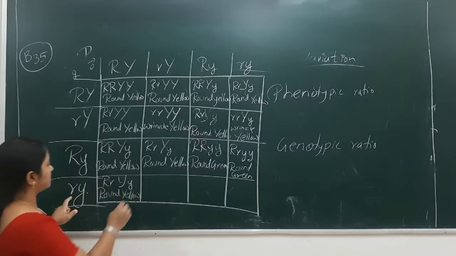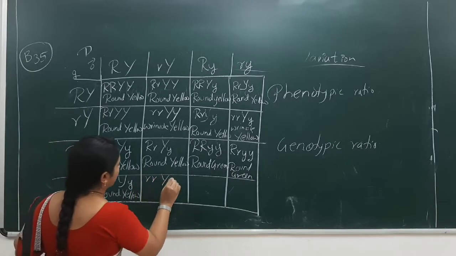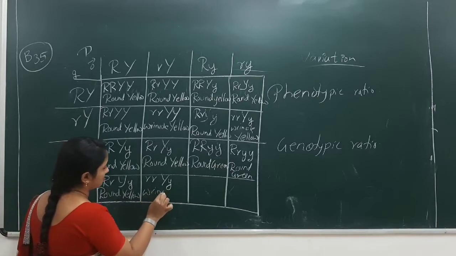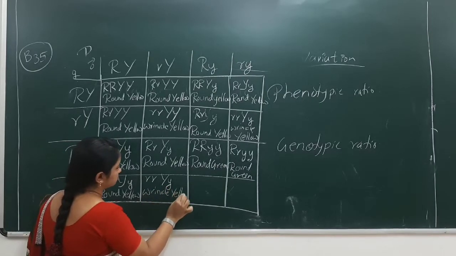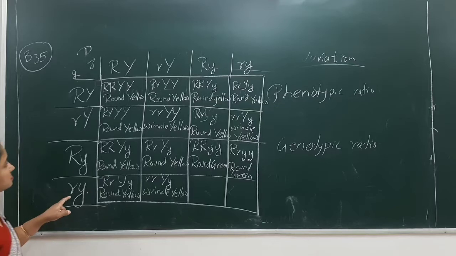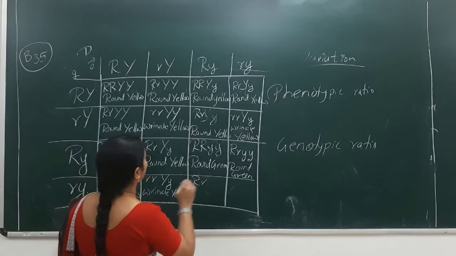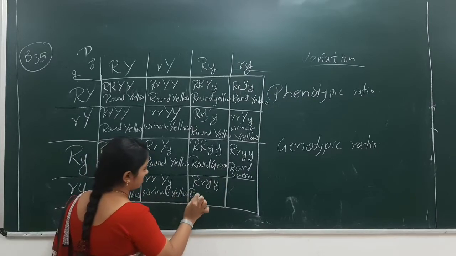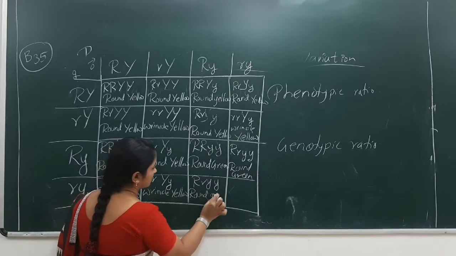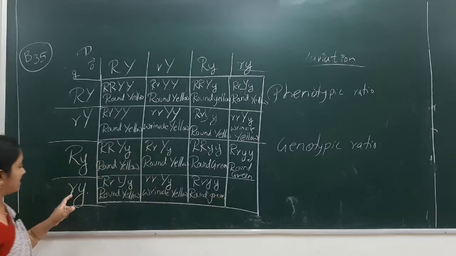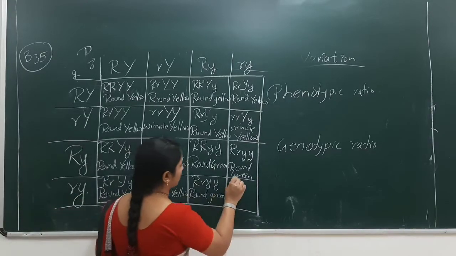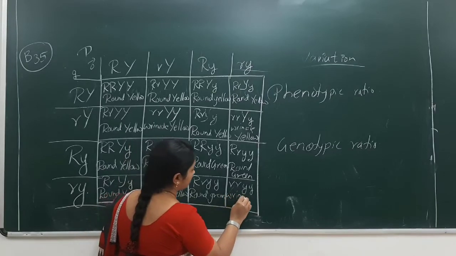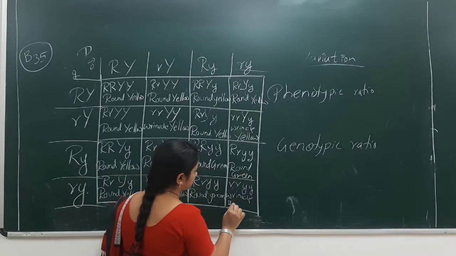And next is small r, capital Y, small y. Means wrinkle yellow. And capital R, small y, round green. And at the last, small r, small y, wrinkle green.